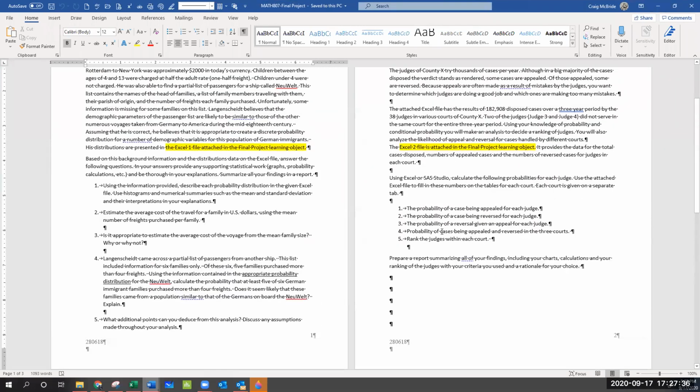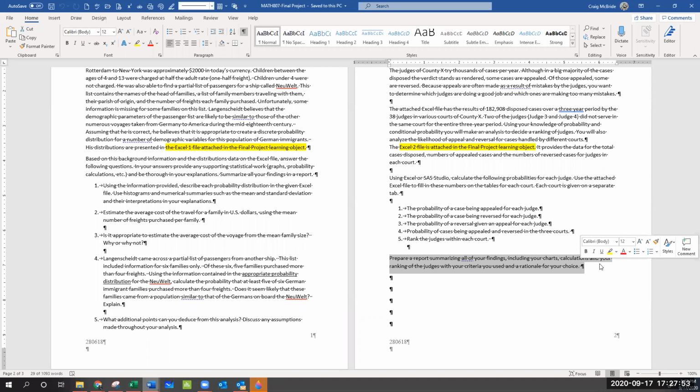And then rank the judges based on what you think matters, and then discuss how you came about that. So discuss how you determined all of their probabilities, and discuss how you determined their ranks, and why you did it the way you did it.